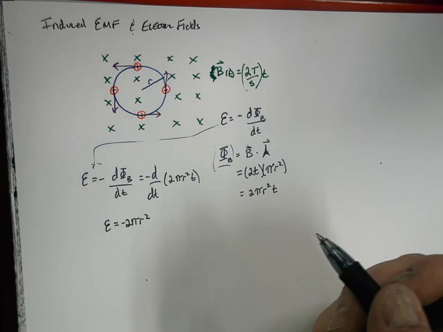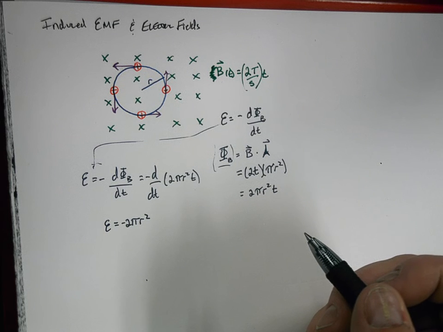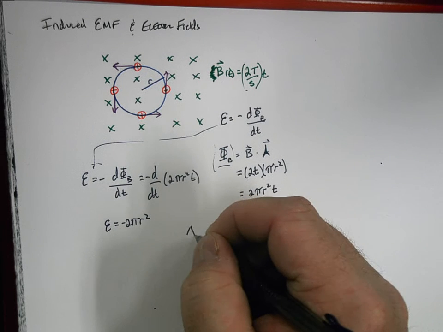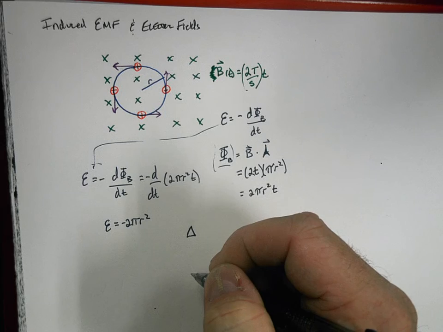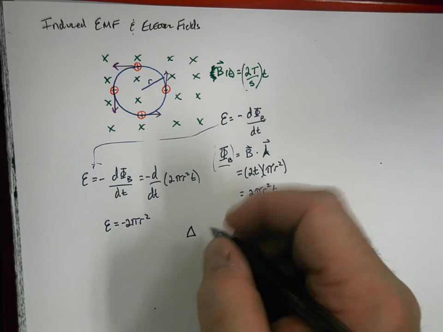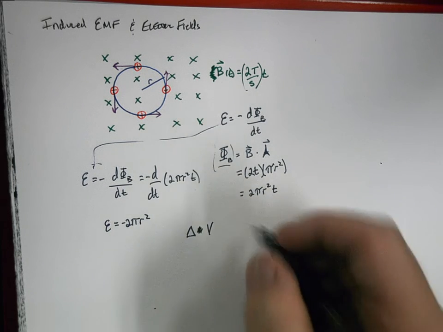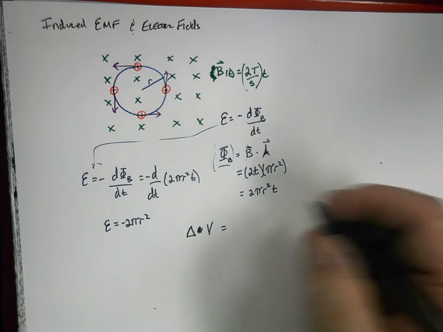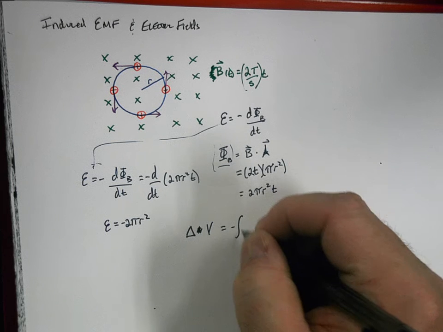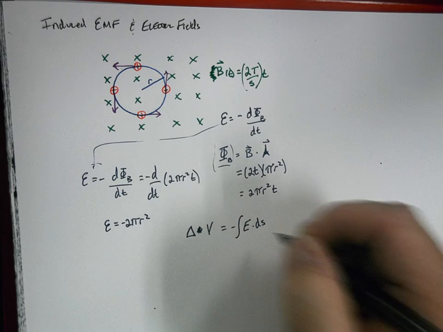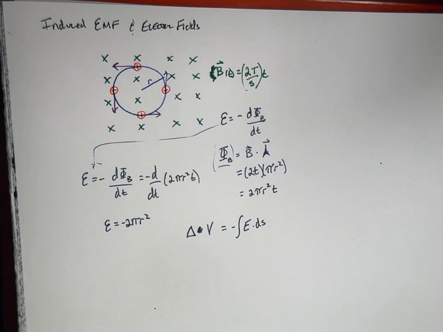Now, that means that our delta V, as we've learned earlier, is also equal to our field times our ds, right?